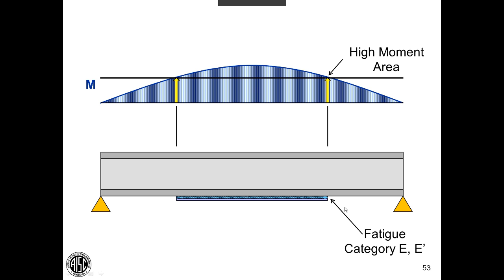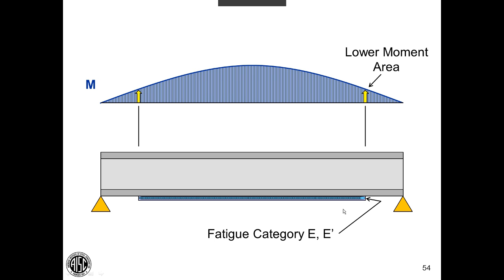The concept of extending the cover plate is to get it into an area where the stresses in the beam are lower. So it's a welded connection issue, but not a weld issue itself. The weld metal would always be category F. We can make the weld of the right size, but in terms of the welded connection, we need to pay attention to this termination. And the category E termination in a lower stress range would be desirable.